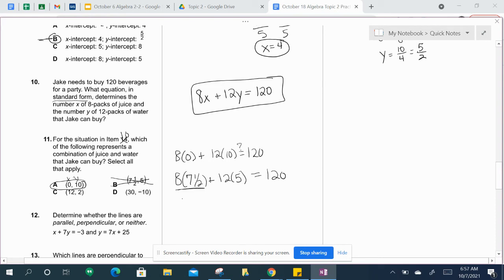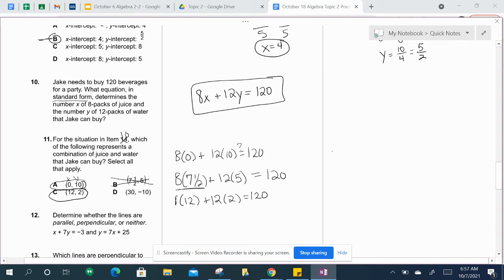All right, moving on to C, I'm going to try 8 times 12 plus 12 times 2. I'm going to try that out in my calculator. I do, in fact, find out that that turns out to be 120. So that is also an option. I could buy 12 packs of juice and 2 packages of water.